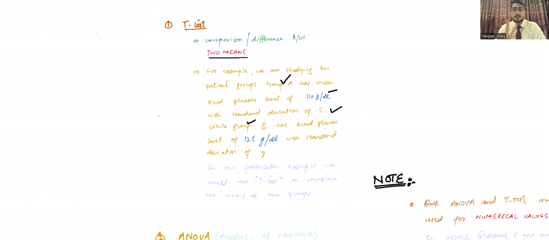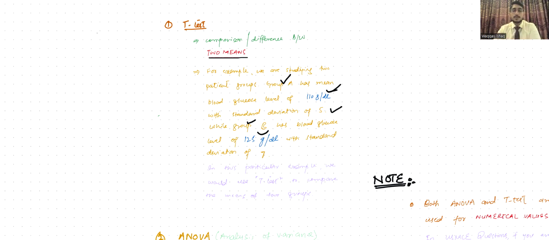So we have two groups, and these two groups have different mean values of blood sugar. Group A has a mean of 110, while group B has a mean value of 125. So when you want to compare the means of these two groups, they're going to ask which test you are going to use.